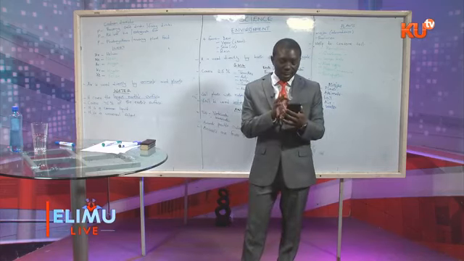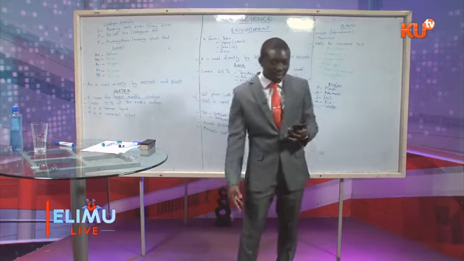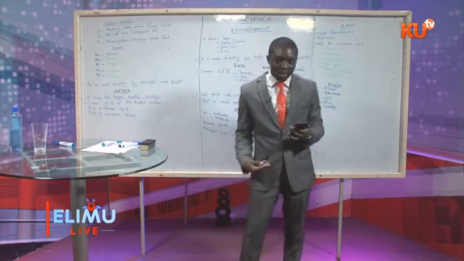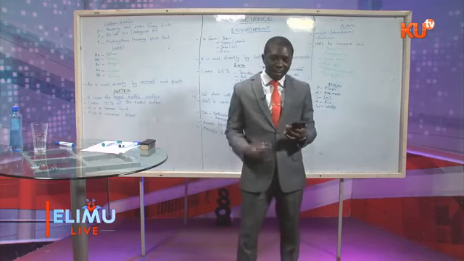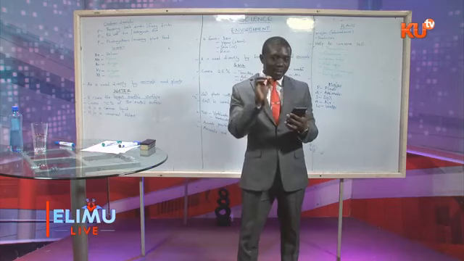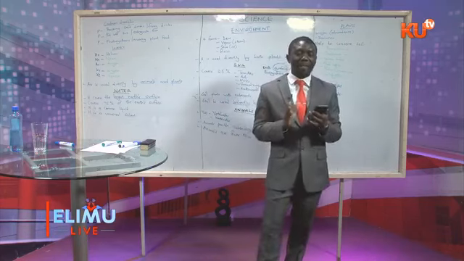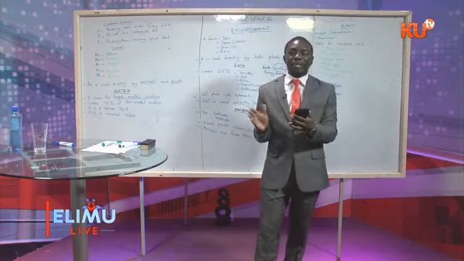So you'll find that plasma, the liquid part of blood, carries carbon dioxide. And remember, vena cava carries deoxygenated blood. This deoxygenated blood is the one that is rich in carbon dioxide. Oxygenated blood, as the name suggests, has oxygen.